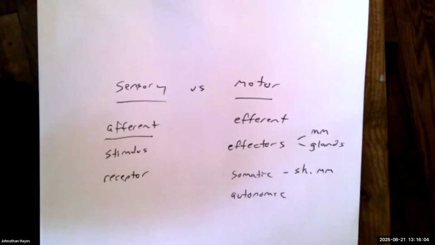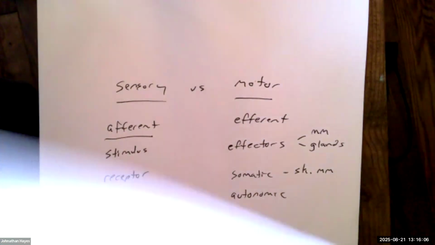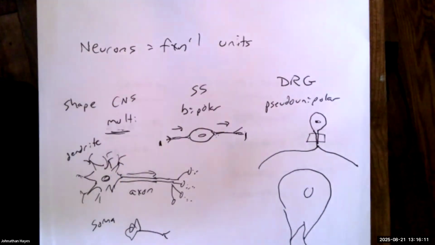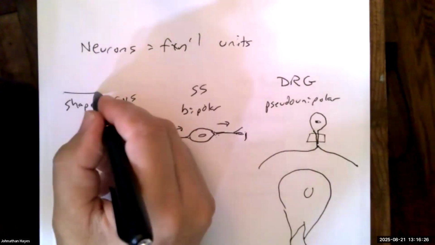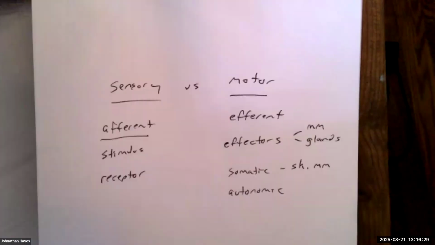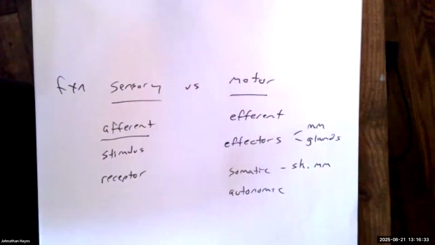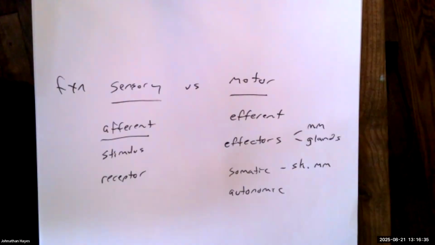So simple version, neurons, which are the functional units of the nervous system, are doing all the work that we associate with its key roles, which is, again, just responding to stimulus. Because there's a lot of different types of neurons, we subclassify them, and the two biggest subclassifications of neurons are shape and function. Function is either sensory or motor. Shape was multipolar, bipolar, or pseudo-unipolar.